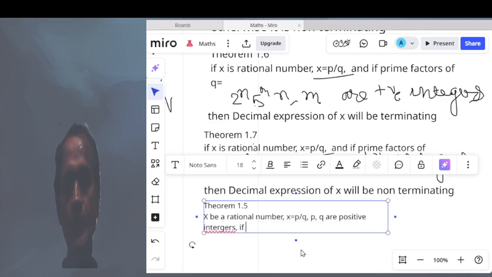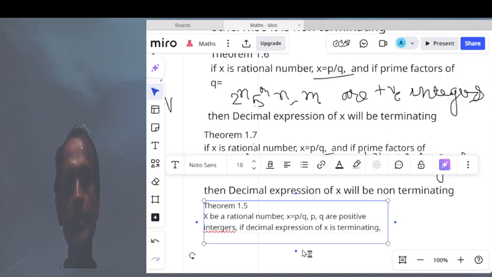And if the decimal expression of x is terminating, so if we divide p by q, we get a decimal which is terminating, then this theorem states that in that case q will have 2 and 5 as factors.